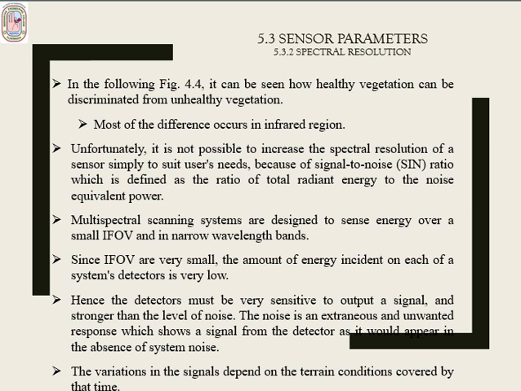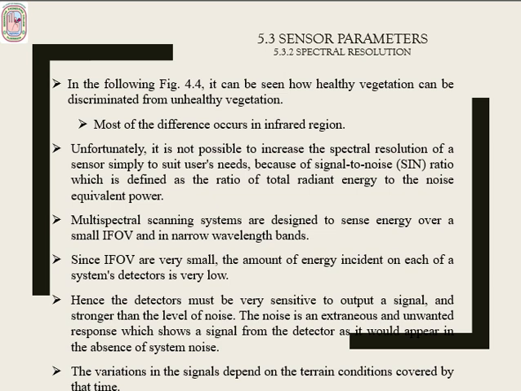Multispectral scanning systems are designed to sense energy over small IFOV and in narrow wavelength bands. Since IFOV is very small, the amount of energy incident on each of the system detectors is very low.